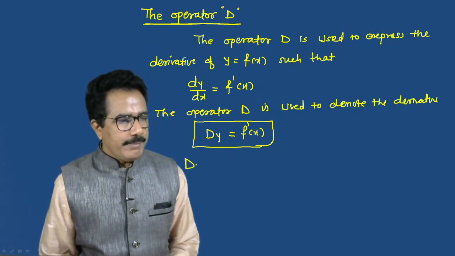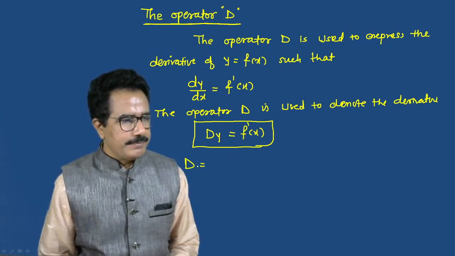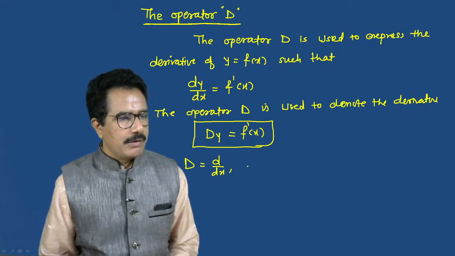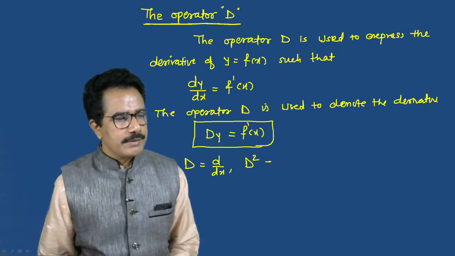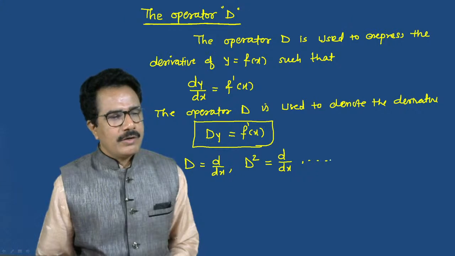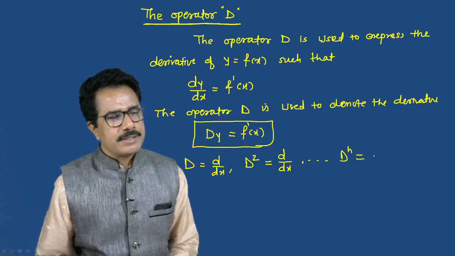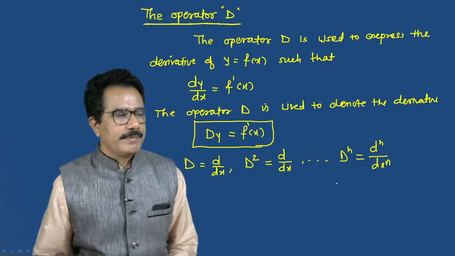So D means d by dx, D2 means d2 by dx2, and so on, Dn means dn by dx raised to n.